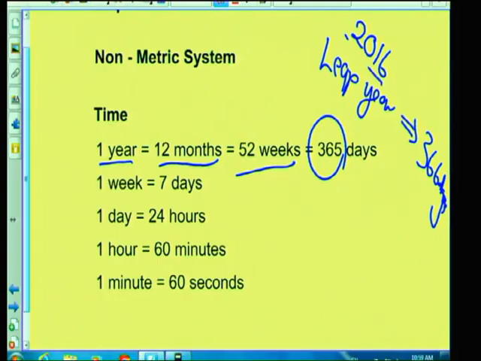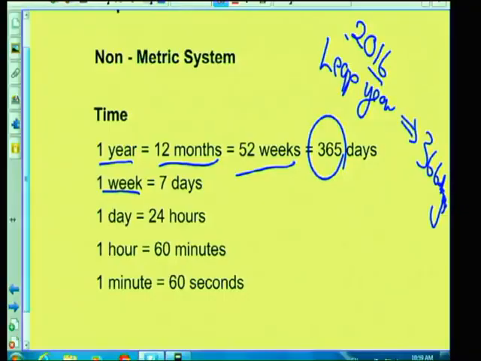These last 2 over here, they're divisible by 4 because 16 is divisible by 4. So, for example, 2013, 2014, 2015 won't be leap years. 2012 was a leap year. 2016 will be a leap year. Right.